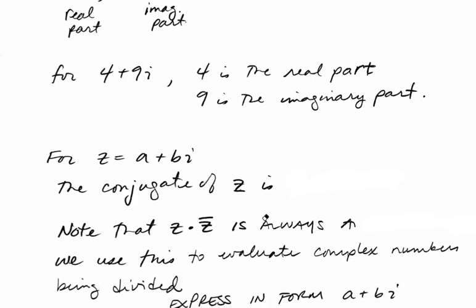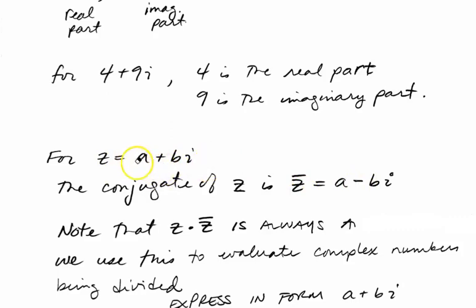A complex number, a plus bi, has a conjugate, which is called the complex conjugate. We put the bar on top of it, and then we just flip the sign associated with the imaginary term. Here z is positive, so z bar, the conjugate, would have a negative.